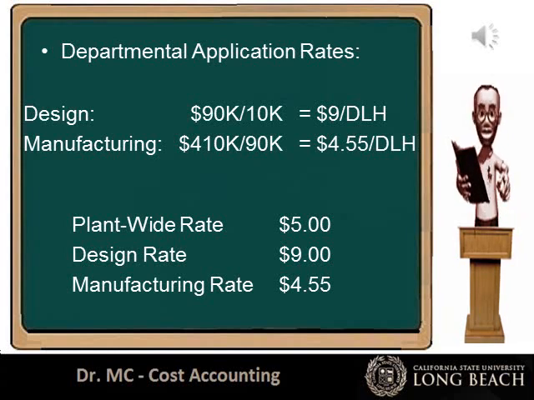Similarly, standard trophies were being charged $5 per direct labor hour for overhead that was only costing the firm $4.55 per direct labor hour to provide. As can be seen from the customer's reaction to the firm's estimates, the firm was losing standard model contracts, and although it was getting custom model contracts, the firm wasn't charging enough for those trophies because it thought that the overhead costs were lower than they really were.